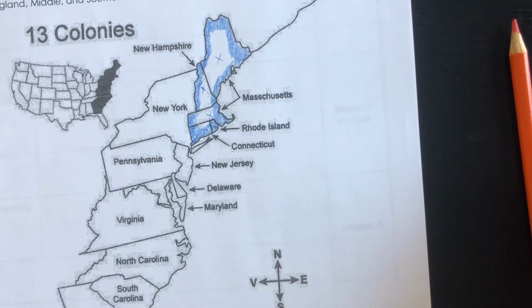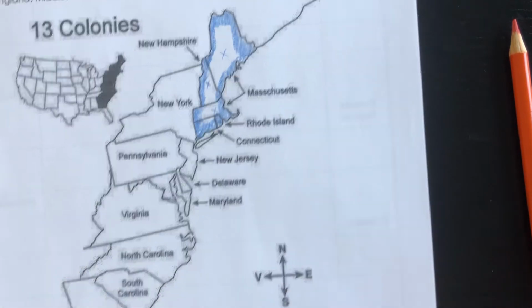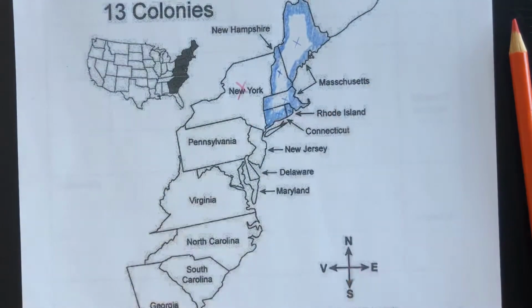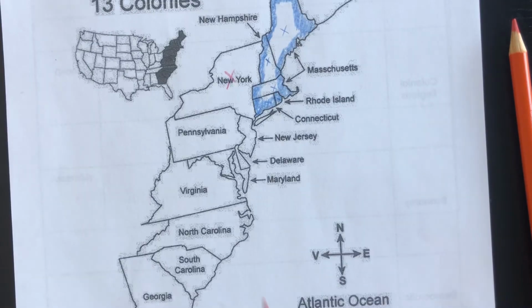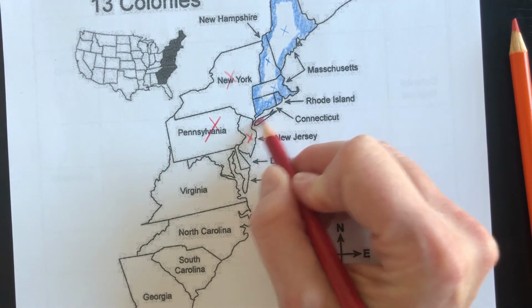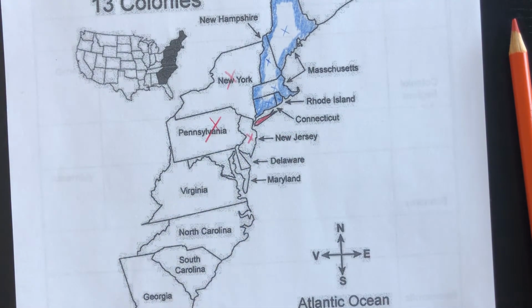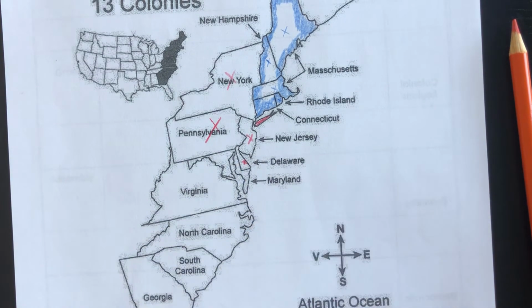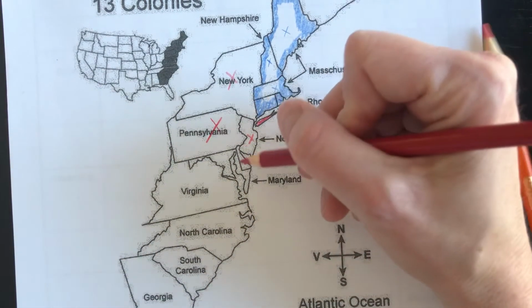Now for our middle colonies, we want red. And down here under our middle colonies, it says New York. So I'm going to go ahead and put a little X in New York in red. Pennsylvania, New Jersey, get this little piece in there as well, and Delaware, that little piece there. So this chunk needs to be red.